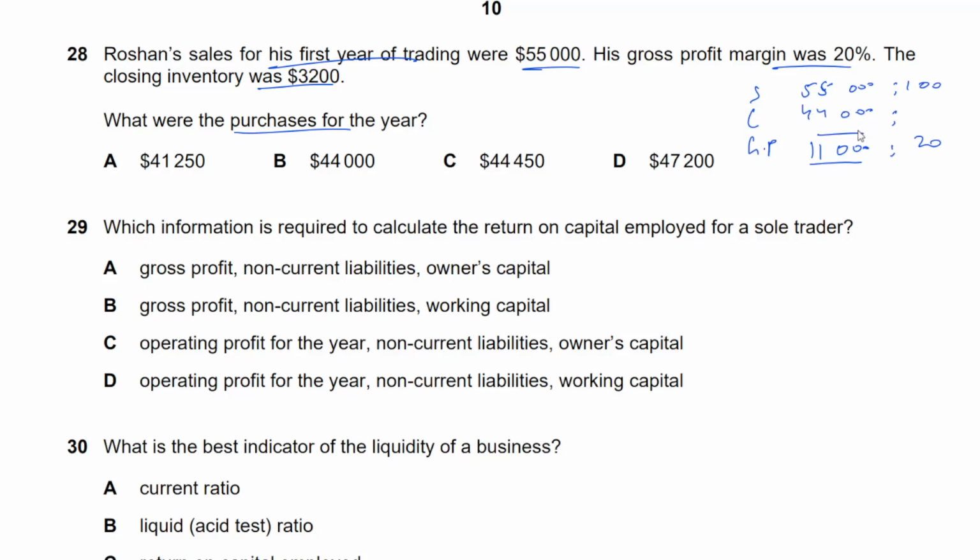That's our cost of sales. And now we need to calculate purchases. How do you calculate cost of sales? You do opening inventory, which is not there, plus purchases minus closing inventory, which is 3,200. That gives you cost of sales. And so purchases equals 44 plus 3,200. That's 47,200. D is the right answer.